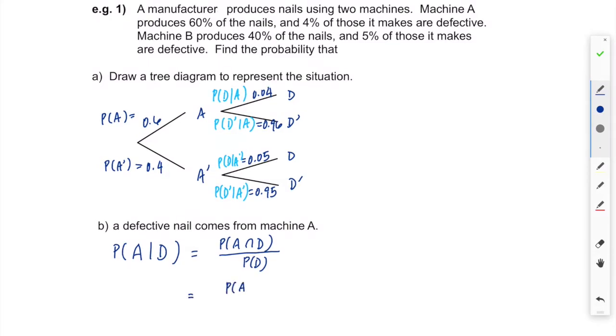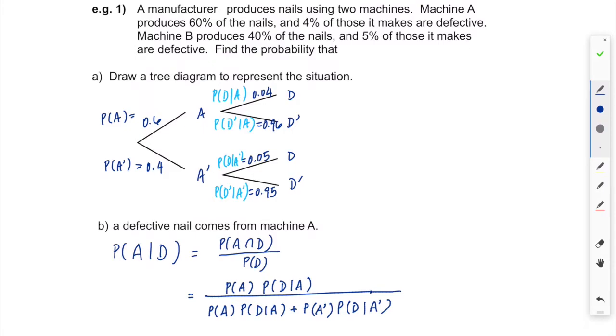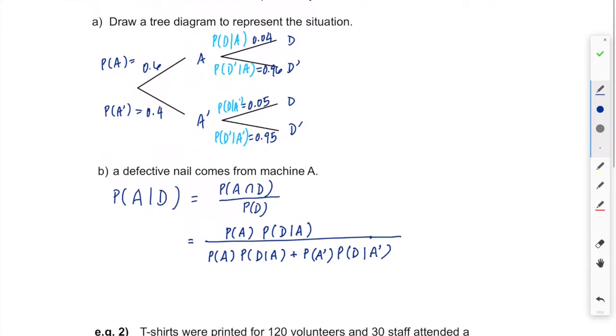This is P of A multiplied by P of D given A, and then anything defective comes from P of A times P of D given A plus P of A prime times P of D given A prime, for us to account for all the defective nails. Okay, so don't forget that.